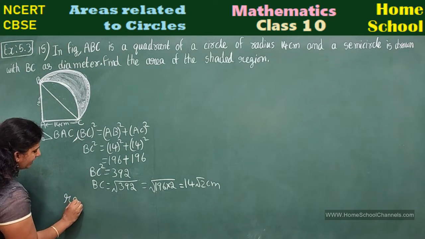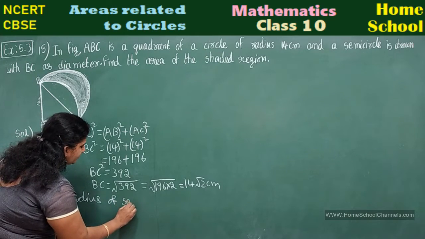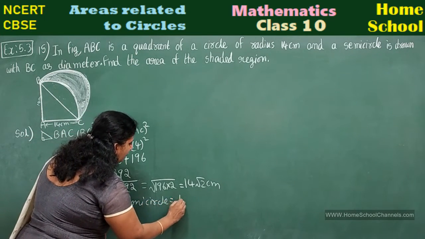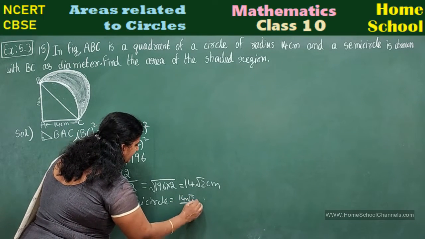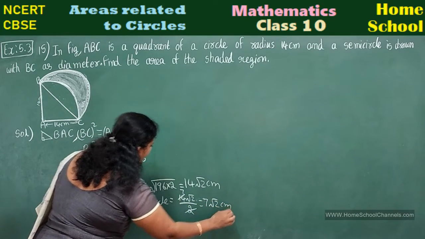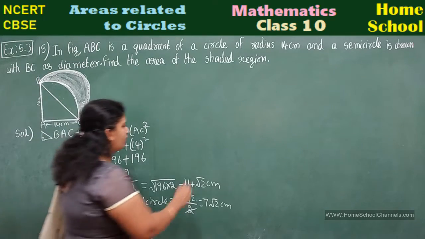Then the radius of the semicircle is equal to half of the diameter, that is, 2 7s are 14, so 7 root 2 centimeters is the radius of the semicircle. Now next, frame the formula here.